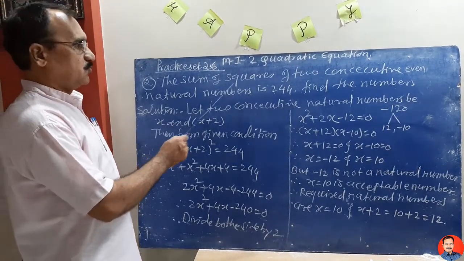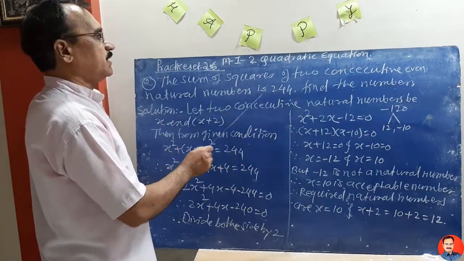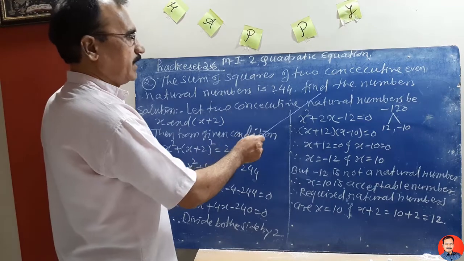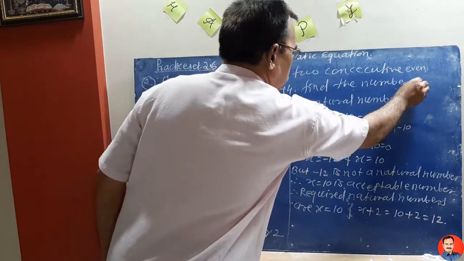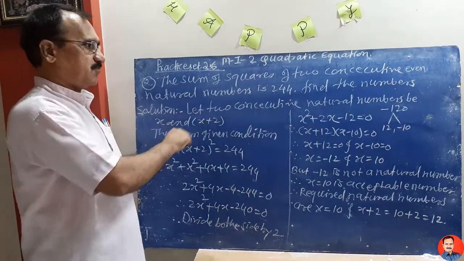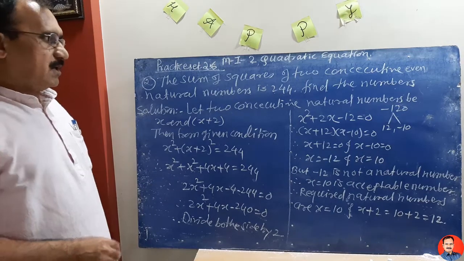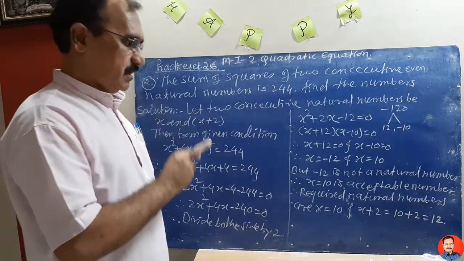The sum of squares of two consecutive even natural numbers is 244. Find the numbers. First we have to assume which are these two consecutive even natural numbers.